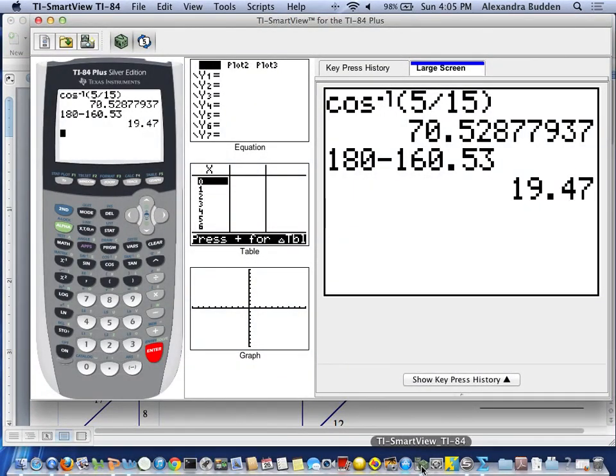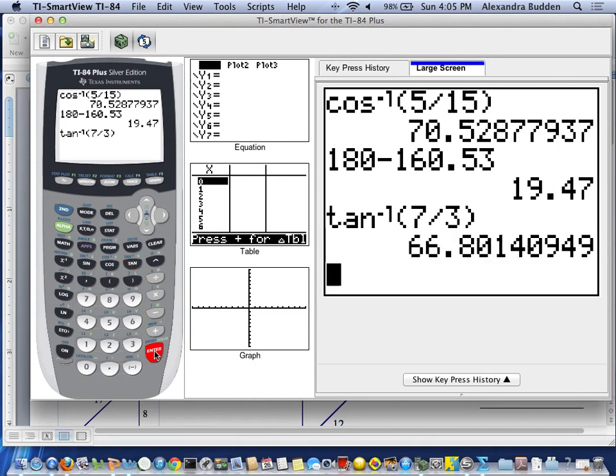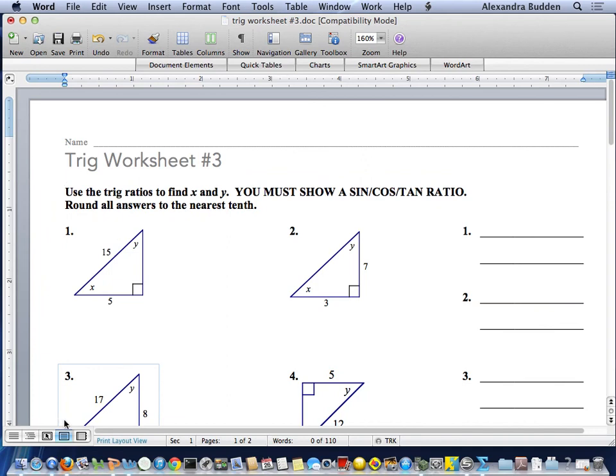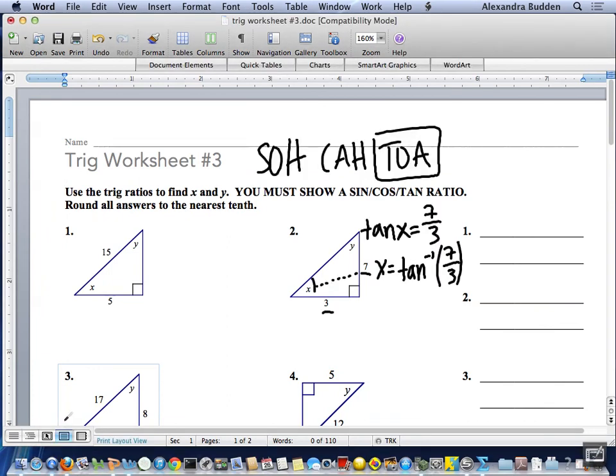Please remember that you have to do second tangent, because we want that -1 of 7 divided by 3. And x is 66.8 degrees. So x is equal to 66.80 degrees.